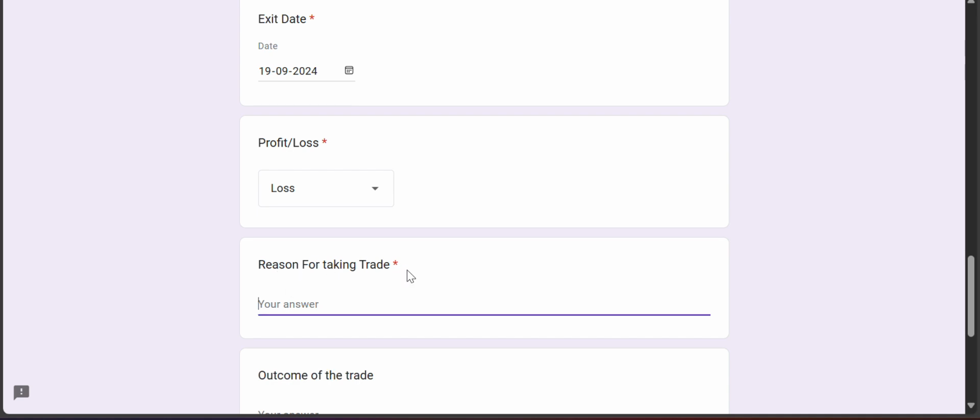Reason for taking the trade. Price was coming down and broke one demand zone on daily time frame.